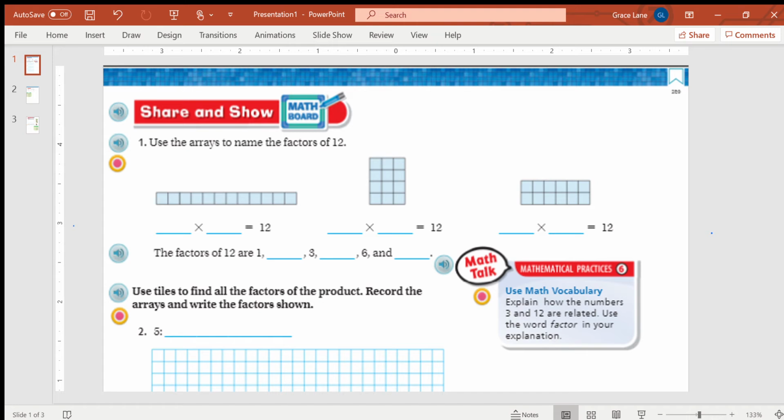On this first one, it's showing you one row. A row goes across, and if you count up how many are in the row, there's 12. So this array or model shows that 1 times 12 is 12.